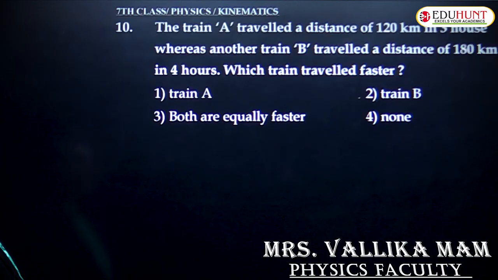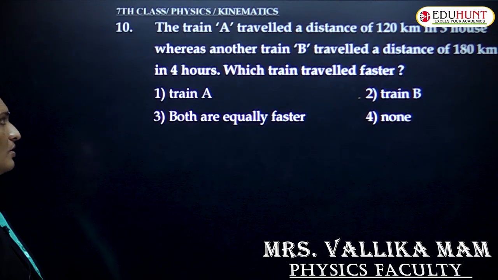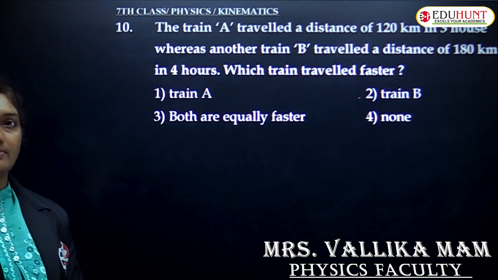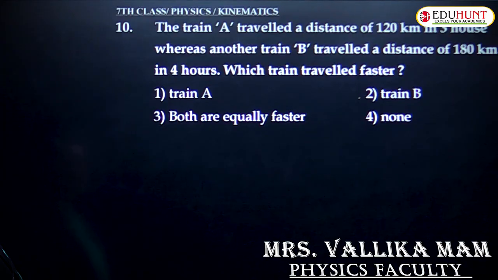Next question. Train A travels 120 kilometers in 3 hours, whereas another train travels 180 kilometers in 4 hours. Which train travels faster? Even this was covered in the previous example.